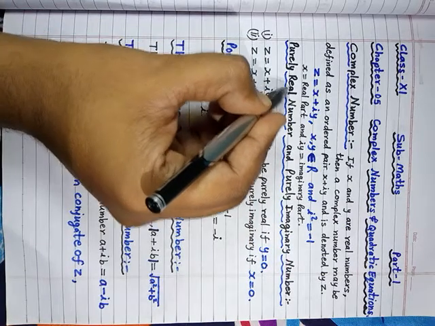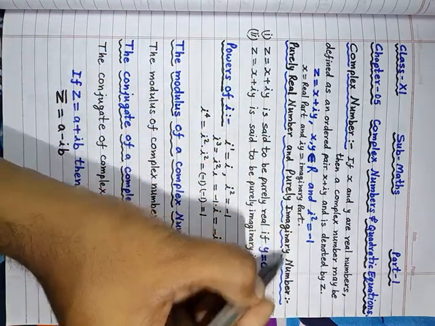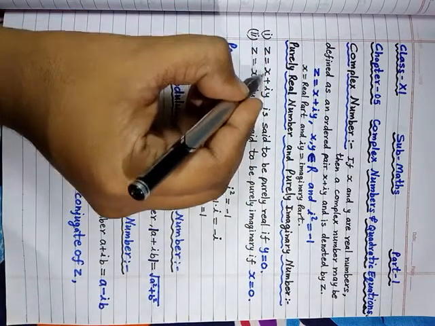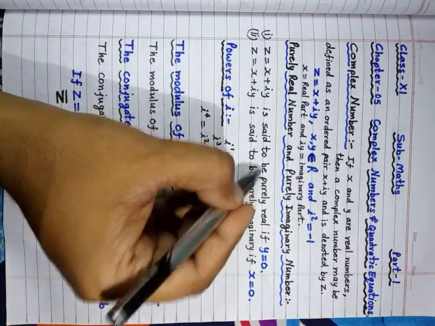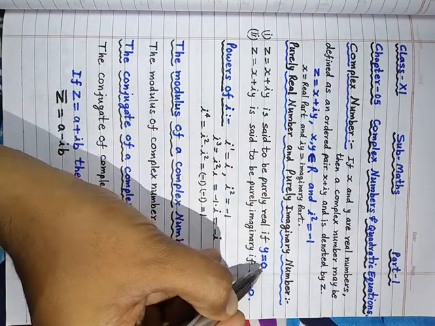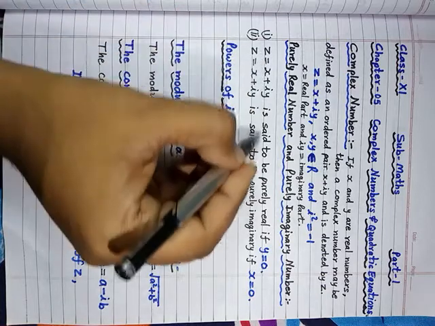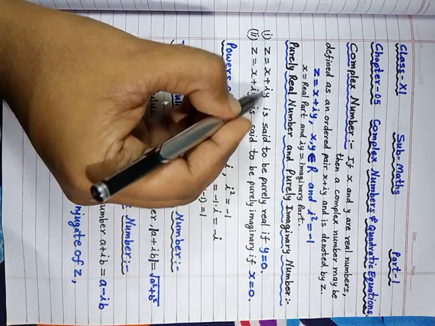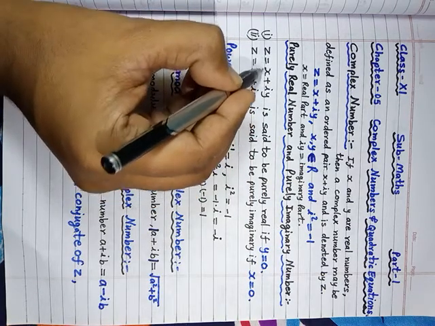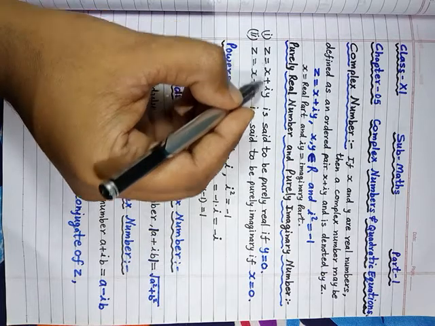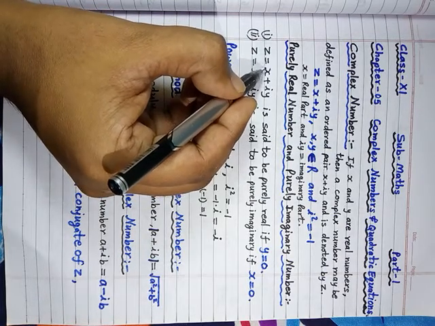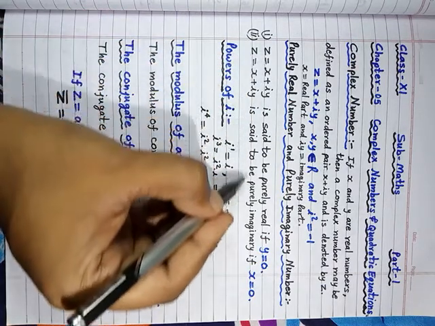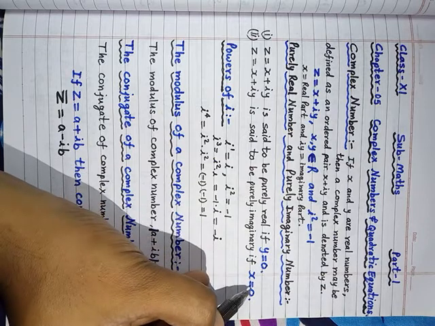Now, purely real number and purely imaginary number. First, z is equal to x plus iy is said to be purely real if y is equal to 0, because if you put y equal to 0 in this complex number, then z is equal to x only, and x is real, so it is a purely real complex number. z is equal to x plus iy is said to be purely imaginary if x is equal to 0.